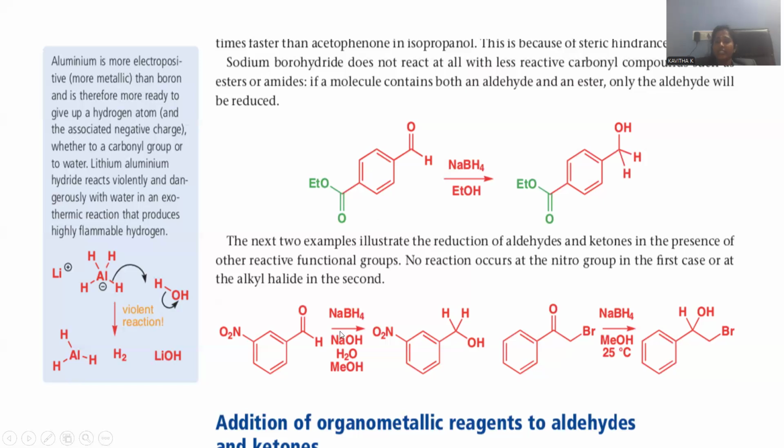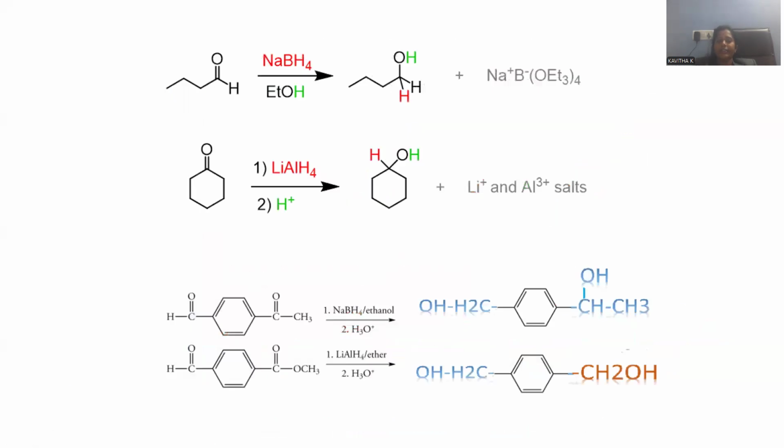This indicates the high selectivity of sodium borohydride towards the carbonylic reduction. Aldehyde will be reduced, ketone will be reduced, and no reactivity towards ester, no reactivity towards nitro, no reactivity towards halides. So this is the way you can observe high selectivity by means of the sodium borohydride reagent.